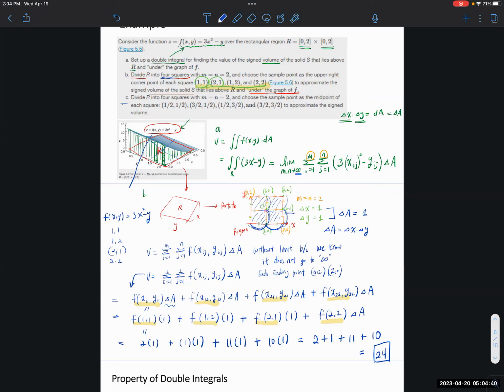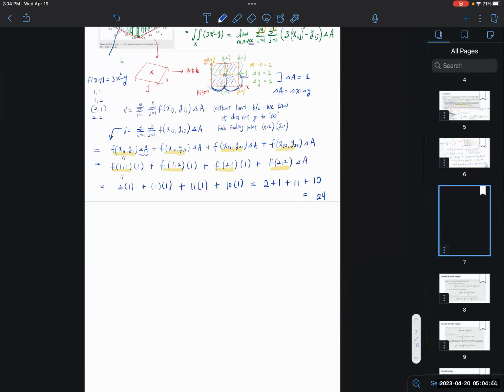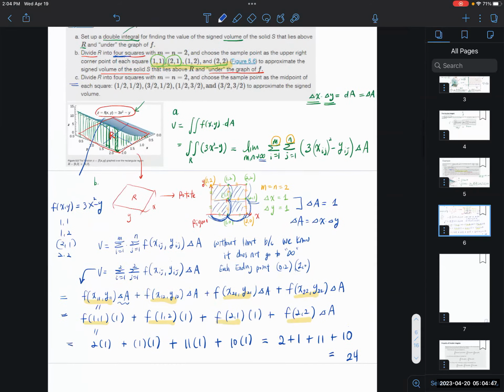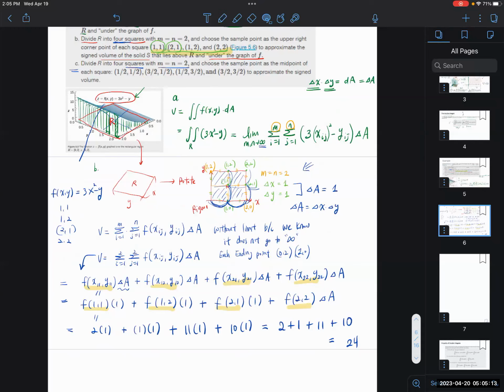Ooh, here we go. One more example. Oh, I think I need a space. So here, let me read it. It's the same thing like what we did in letter B. We're going to divide R into 4 squares. So that's the same context. You have a region, and I'm going to have 4 different squares with equal size. Square means every side of the square is equal. So they say ending number is 2. So it's the same shape. So literally, I'm going to copy this.